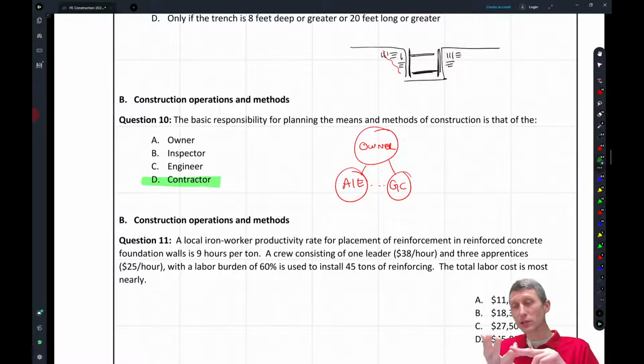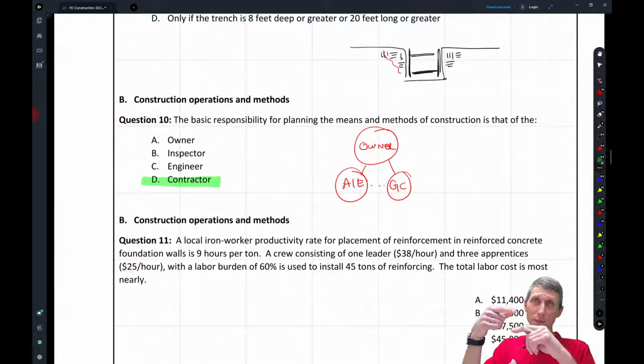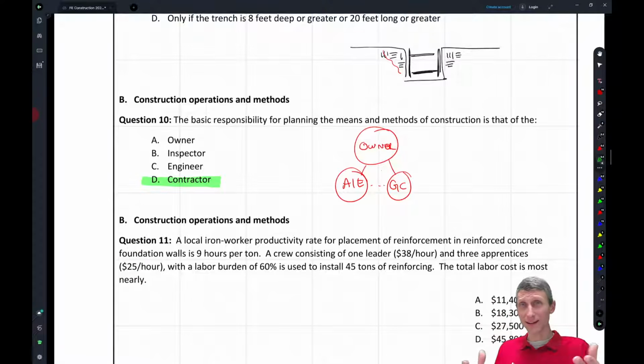It talks about construction drawings. Well, contract documents are typically made up of specifications, the general conditions of the contract, supplementary conditions, project specification, addenda, change orders, change directives. So there are a lot of different pieces of a contract, but typically that doesn't take the responsibility of planning means and methods off the contractor.